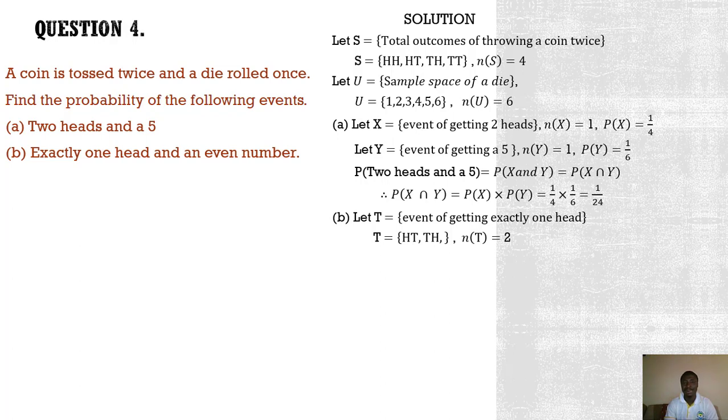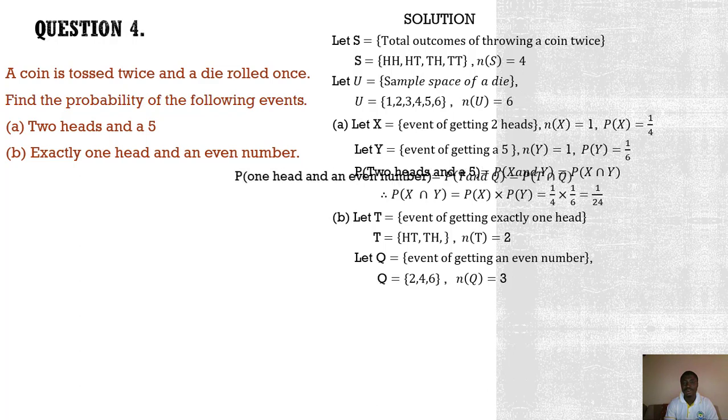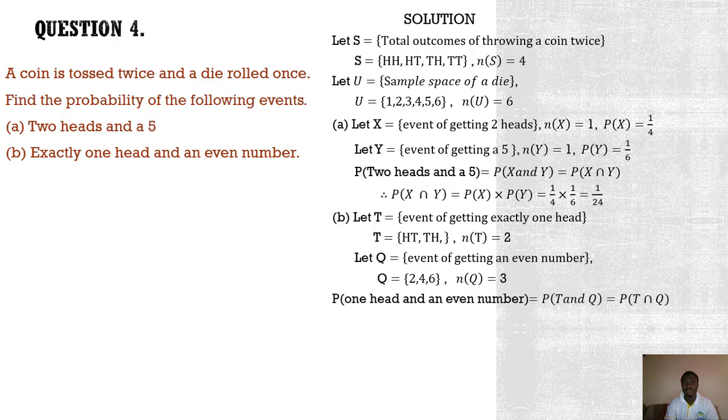And when you count the number, you are going to get 2. Let K be equal to event of getting an even number. So from set U, the even numbers are 2, 4, 6. And when you count them, you are going to get 3. Therefore, the number of K is equal to 3.